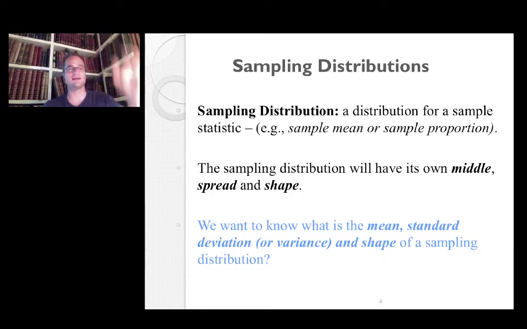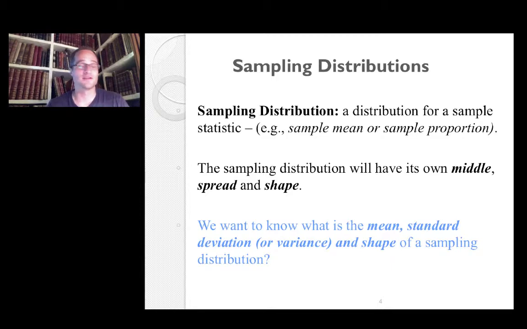If I can take many samples from a population, and every time I calculate a statistic, and I organize all those statistics, then I would have a distribution. And like we were talking about with population data in previous lessons, this distribution of sample statistics will have its own shape, its own measure of central tendency, its own mean, and its own measure of variability, like the variance and the standard deviation.